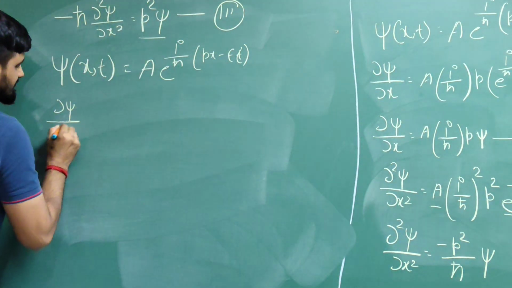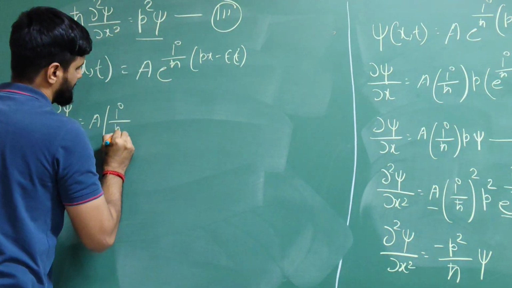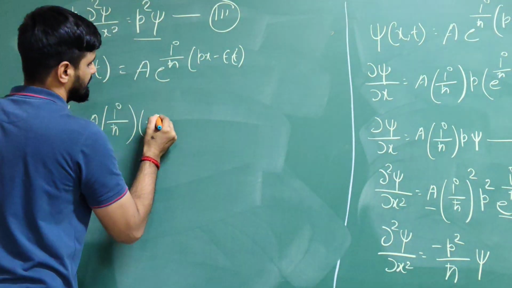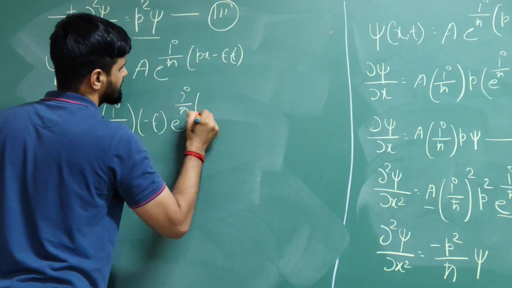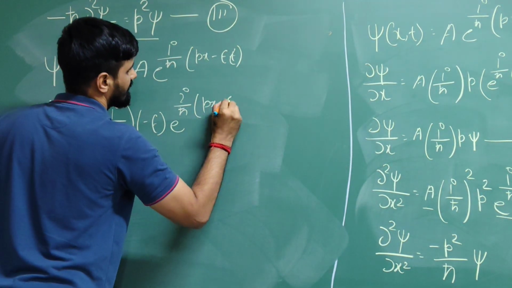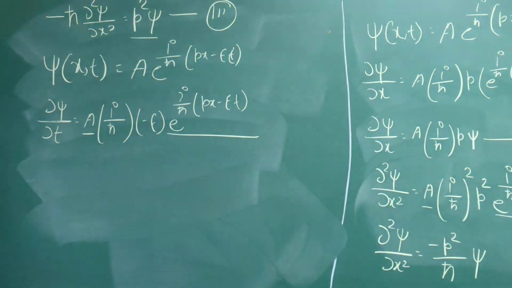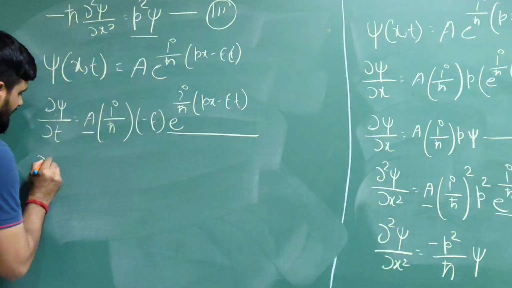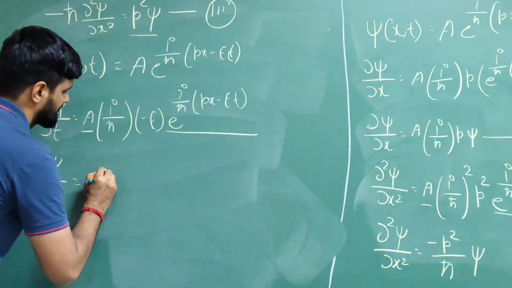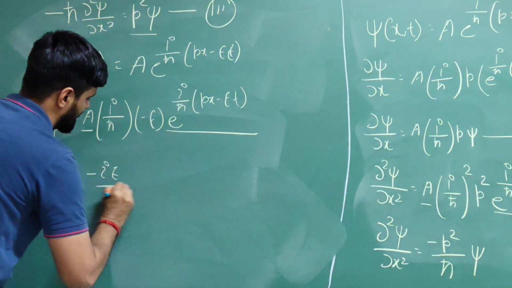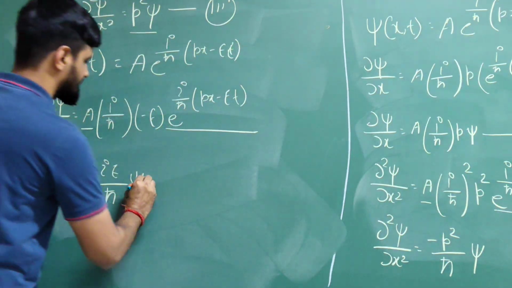If I perform del psi by del t, I will be getting A times minus i E by h squared e to the power i by h squared (px minus Et). So A e to the power i by h squared (px minus Et) is psi. So I can write del psi by del t is equal to minus i E by h squared psi. So let's try to rearrange this equation again.